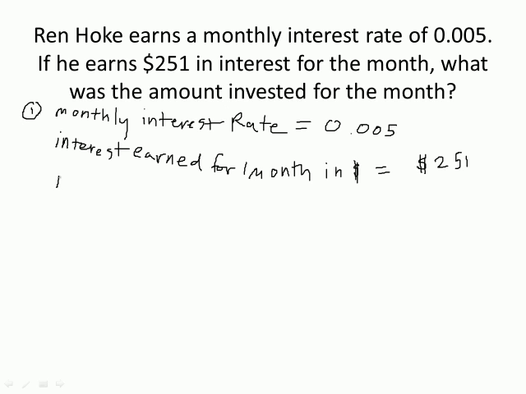So invest amount. So the way interest works is you put like $100 in the bank, right? And then at the end of the month, they give you $1 interest or something. So this was amount invested for month. Notice I use the word month in each one of these. Later in our finance chapter, it's always important to list the amount of time.